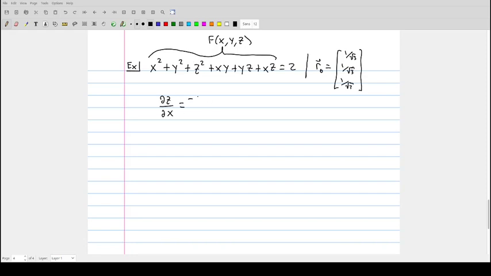It should be equal to negative fx over fz, which is negative 2x plus y plus z, divided by fz, which is 2z plus y plus x.